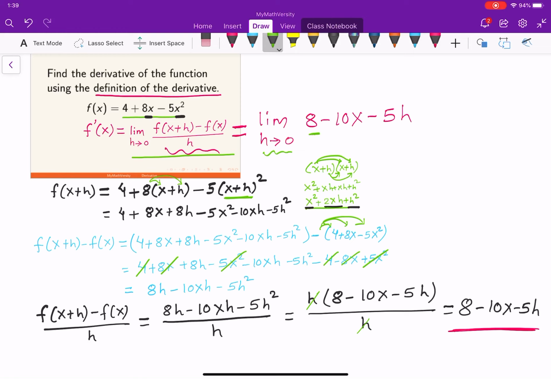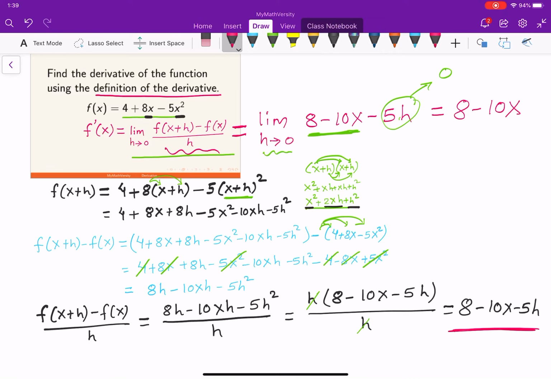Negative 10x is also independent of h, so these expressions will always be the same, 8 minus 10x, when h gets closer and closer to 0. But minus 5h depends on h, and this expression approaches 0. When h gets closer and closer to 0, the limit of this difference quotient is equal to 8 minus 10x.